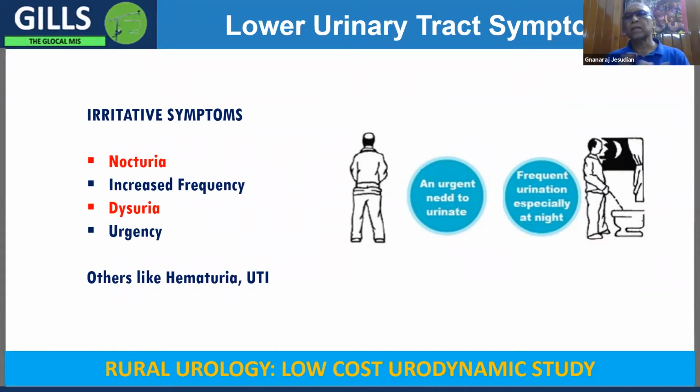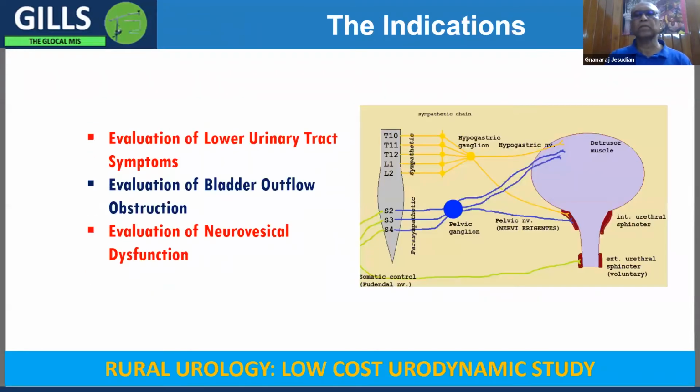But these are evaluated separately from the traditional lower urinary tract symptoms, for which we use urodynamic studies or bladder pressure studies. What are the indications for CMG or bladder pressure studies?